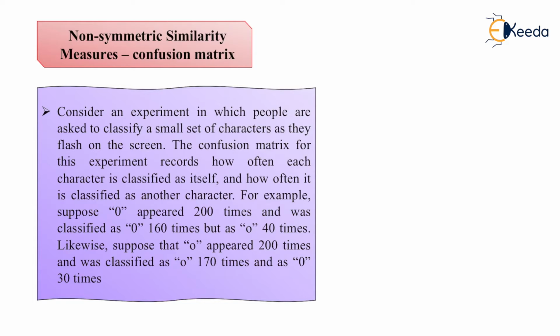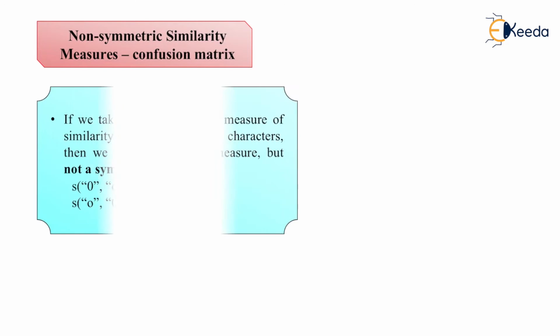For example, suppose 0 appears 200 times, was classified as a 0 160 times, but as an O 40 times. Likewise, suppose that O appears 200 times and was classified as an O 170 times and as a 0 30 times. Fine, that is the example given.